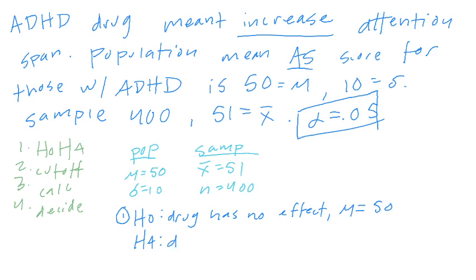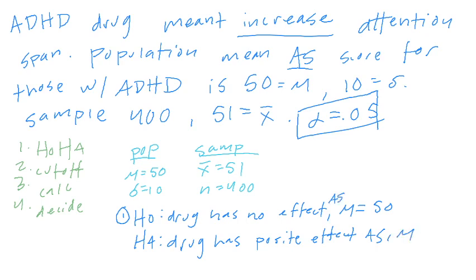But now we want to test, say, to see if the drug has a positive effect, okay? And remember, there are more than one way that we can write these types of hypotheses out, right? We could say that the drug is going to increase attention span, but we'll say that the drug has a positive effect. And these are, of course, both related to attention span. So the drug has no effect on attention span.